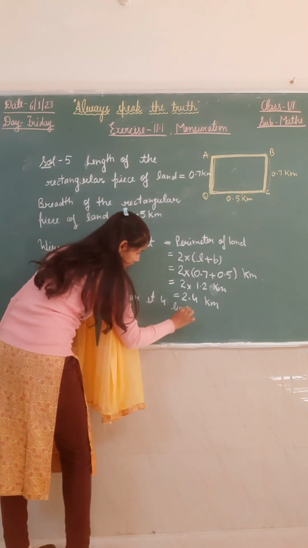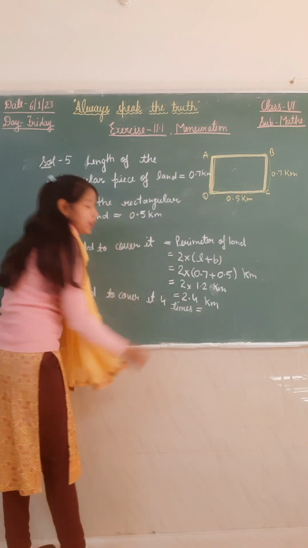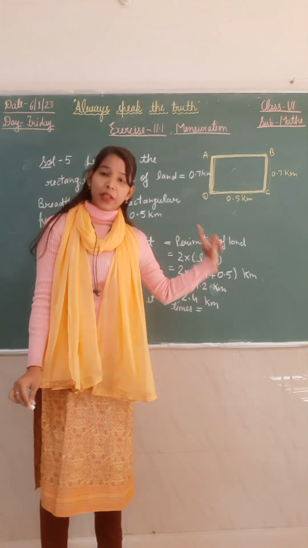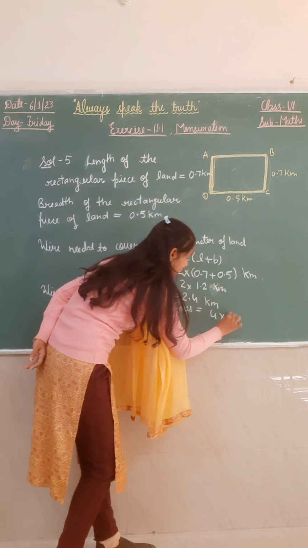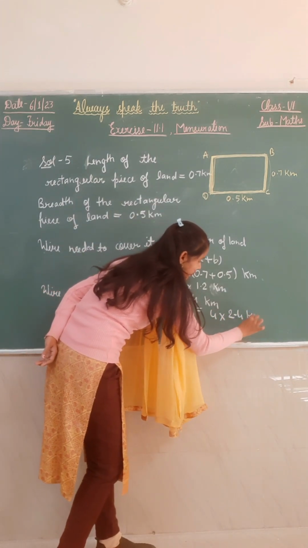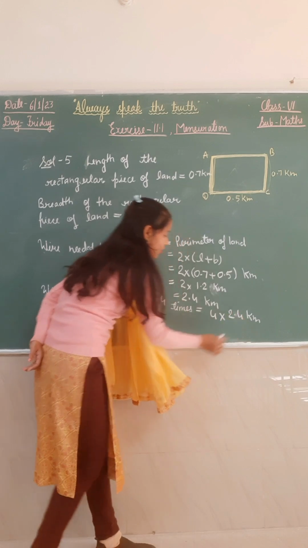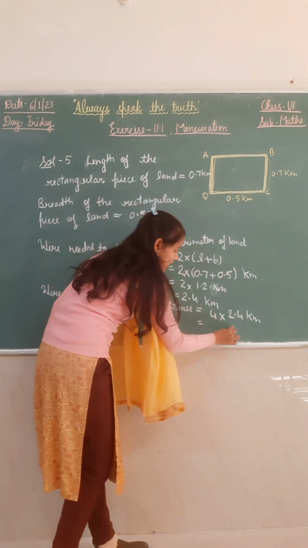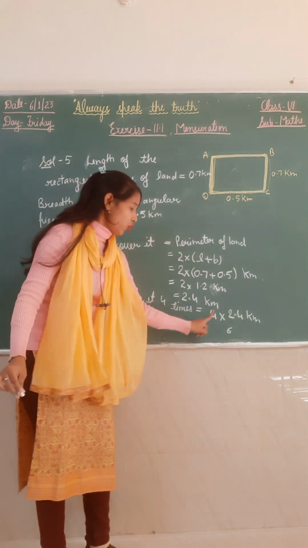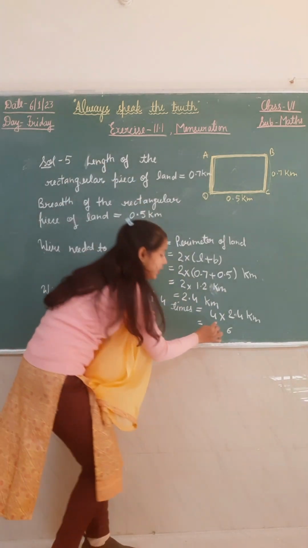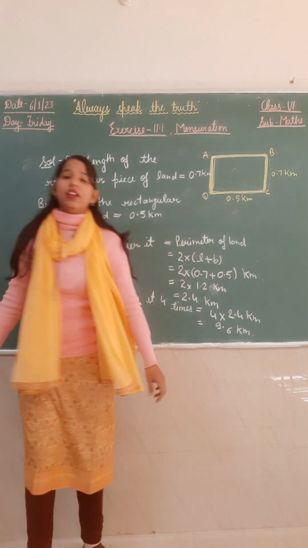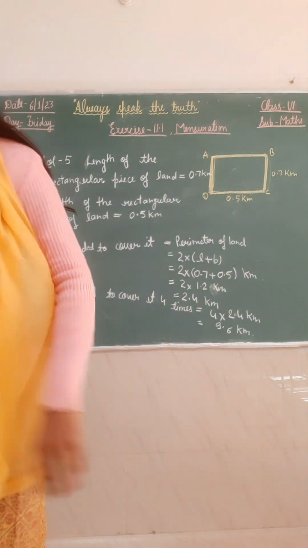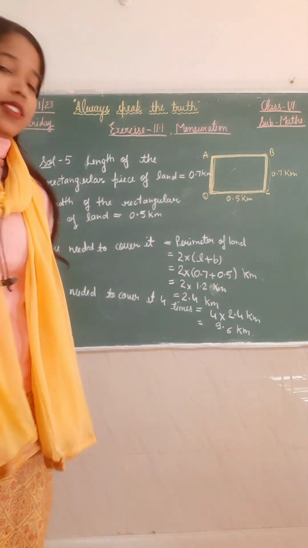That means we will multiply the perimeter by 4, right? So 4 multiplied by 2.4 kilometer. 4 4s are 16, carry 1. 4 2s are 8, plus 1 is 9. That means 9.6 kilometer. The length of wire will be 9.6 kilometer.